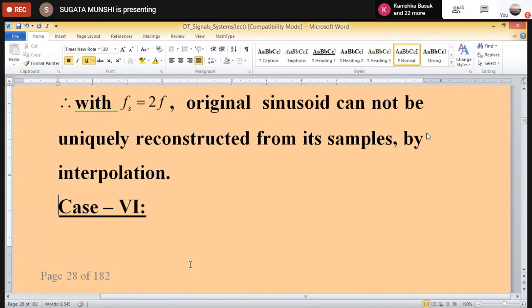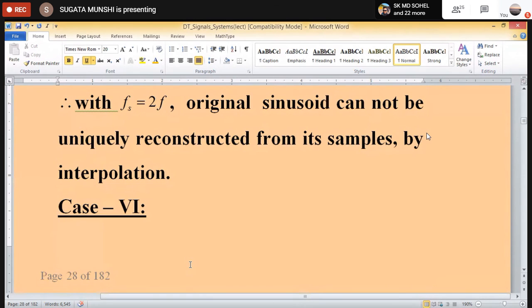Only thing that you can get is that x and tau, if fs is greater than twice f, can be the sampled version of a sinusoid with frequency f and higher frequency sinusoids, which is also the case for others.